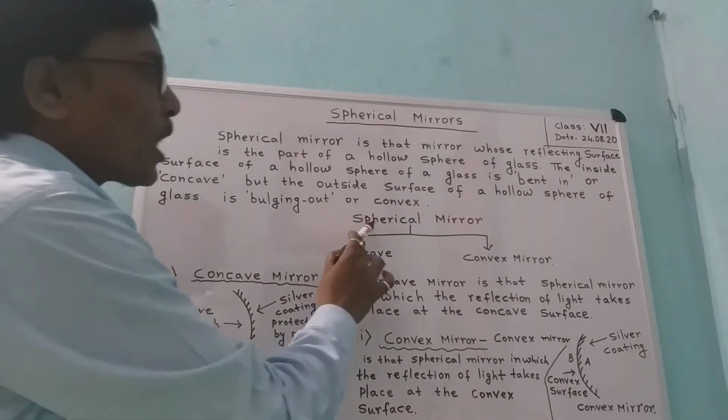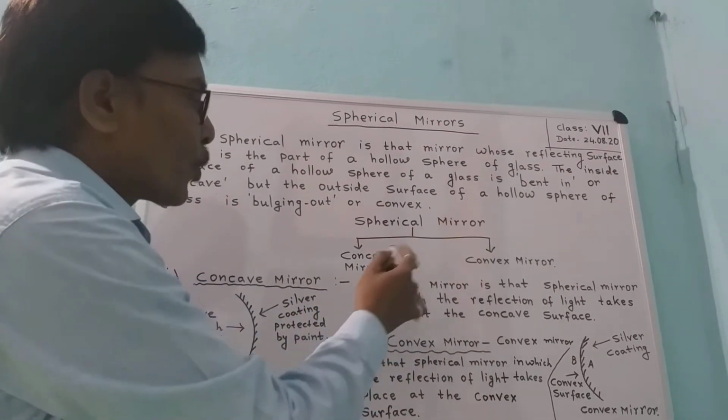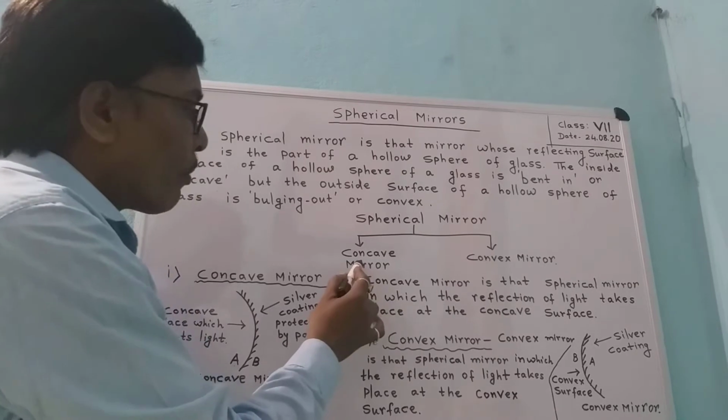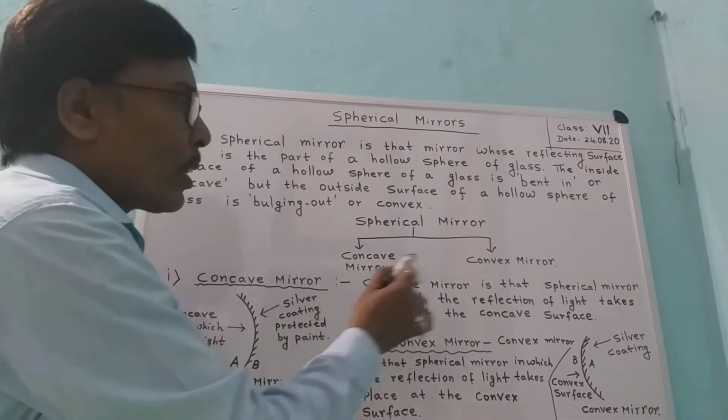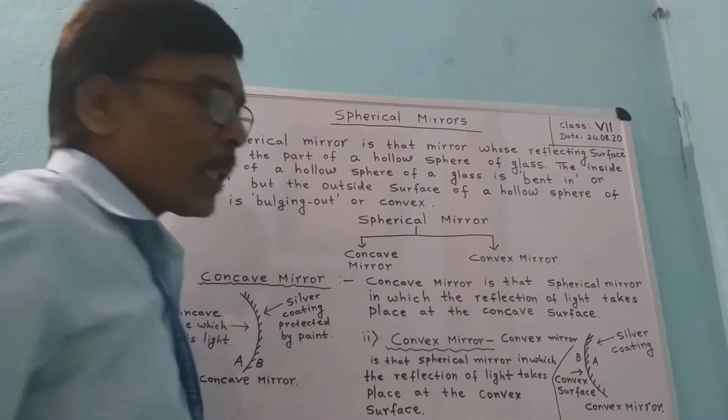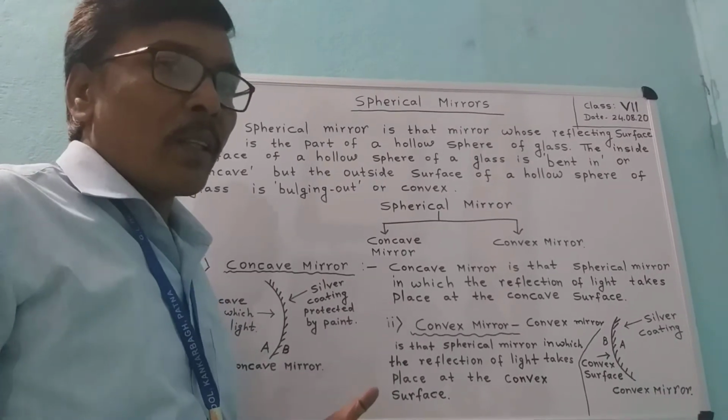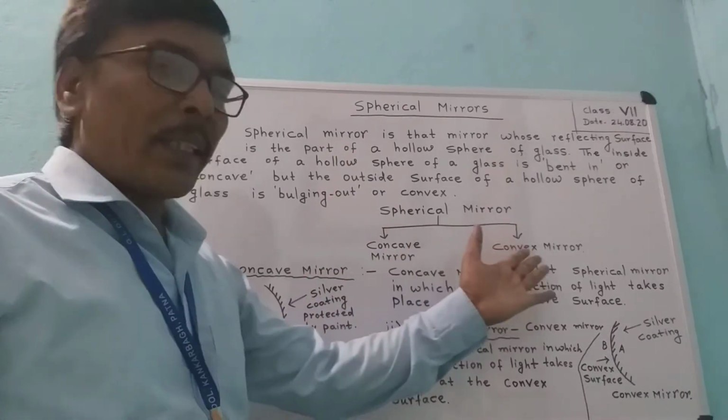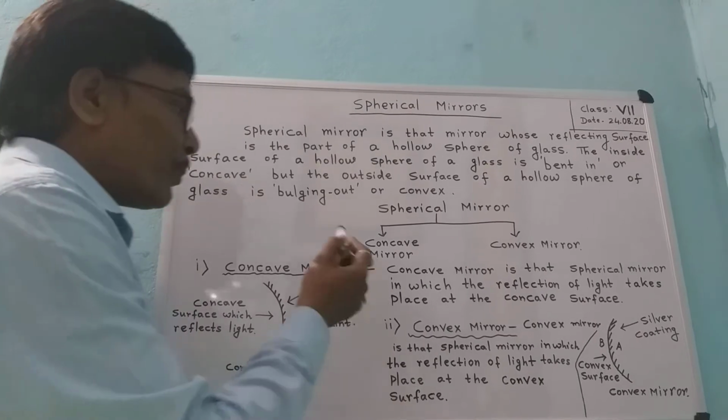It means the spherical mirrors are of two types. One is the concave mirror, the other is the convex mirror. Now I am going to explain both the concave mirror and the convex mirror one by one.